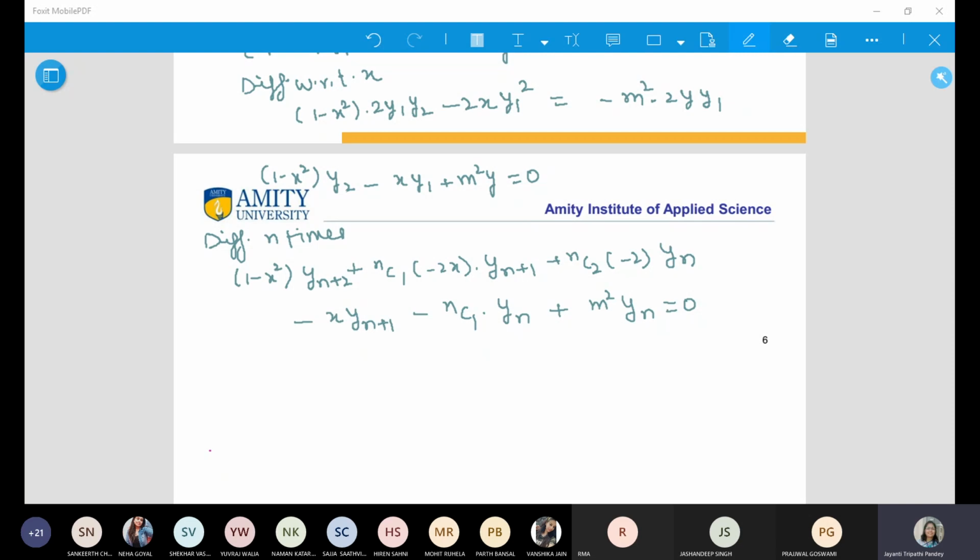By the time you are doing it, let me take the attendance. Jashandeep, present, ma'am. Rama, present, ma'am. Divya, present, ma'am. Mohit, present, ma'am. Shekhar, present, ma'am. Sahil, present, ma'am. Vanshika, present, ma'am. Vidhi. Shivansh, present, ma'am.